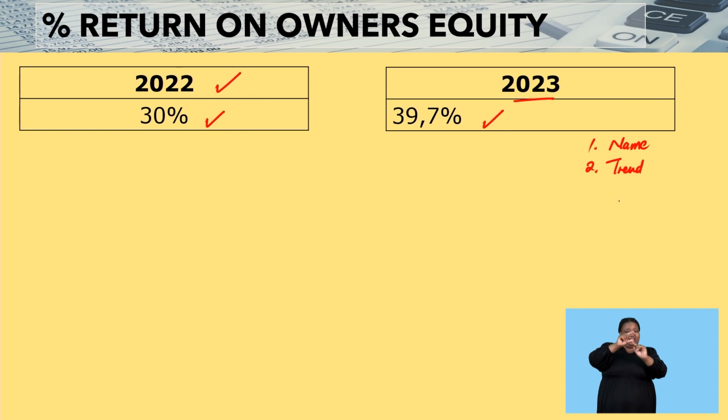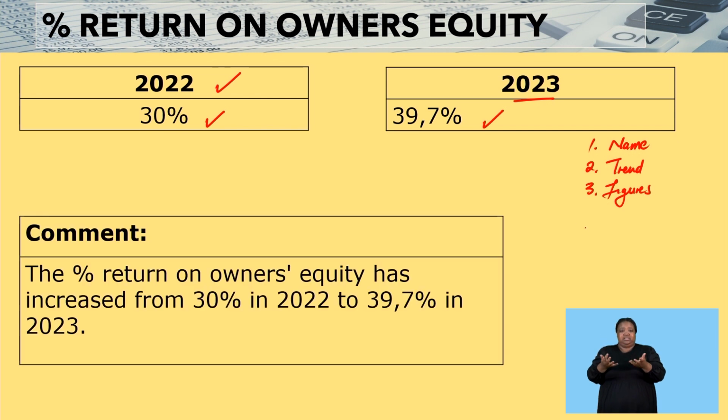Do we have an increase? Do we have a decrease? Is it constant? Number three, we will need figures. All right. So we'll come here, then we'll say the percentage return on owner's equity. This is the name. The percentage return on owner's equity has increased.